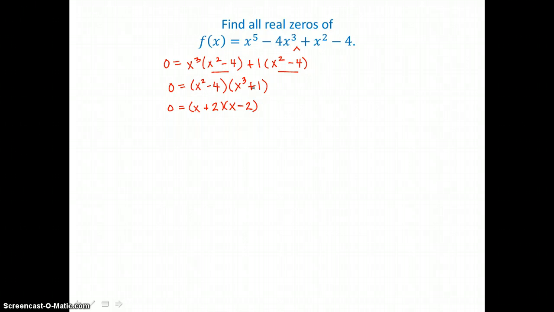Okay, the second binomial is a sum of 2 perfect cubes, so that'll factor into a binomial times a trinomial, and that binomial we get by taking the cube root of those 2 terms. So the cube root of x cubed is x, and the cube root of 1 is 1. Now the trinomial we get by squaring the first term in our binomial, multiplying it to itself.